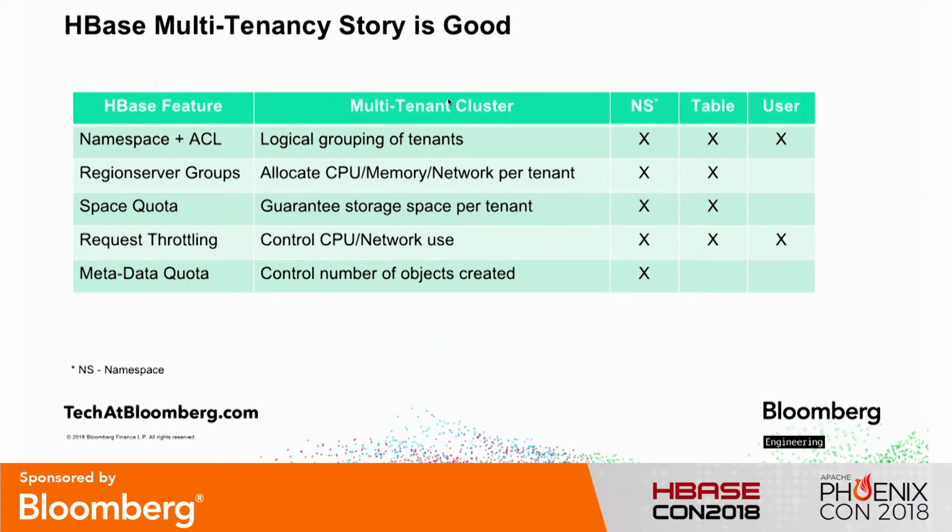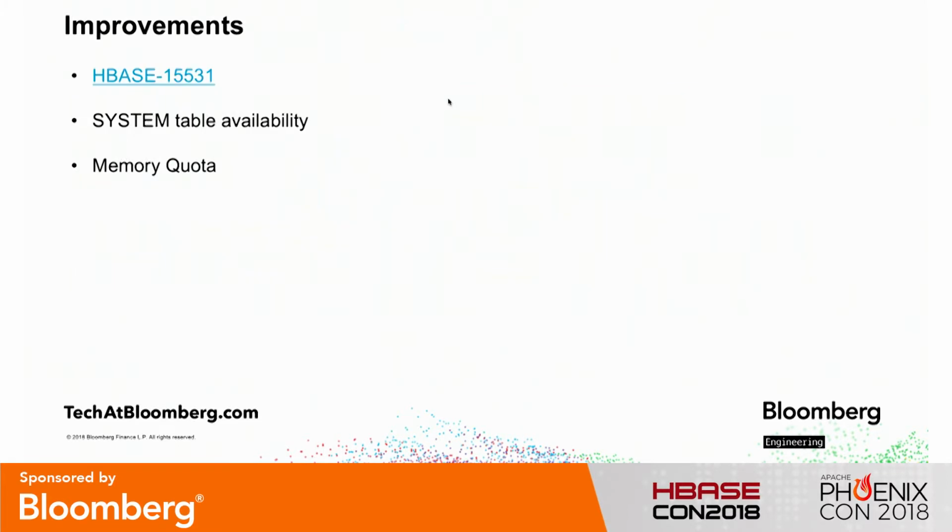But as I mentioned, there are a few issues which need to be ironed out. And some of the improvements, as I talked about, HBASE-15531 would be a fantastic addition. The reason being that without that, we are losing some of the added advantage we have with a larger cluster, namely the data locality.